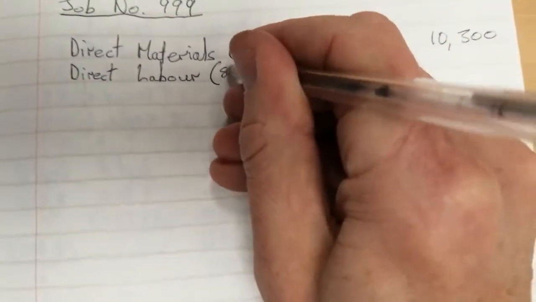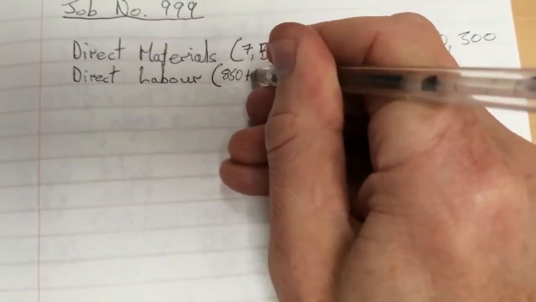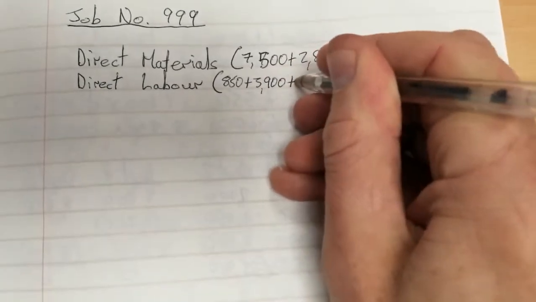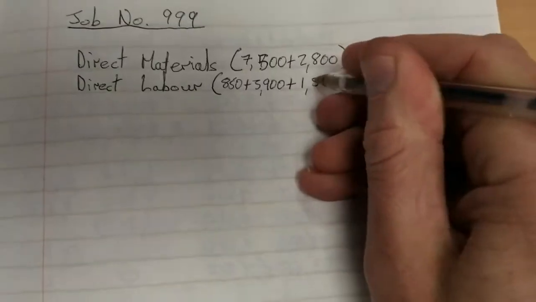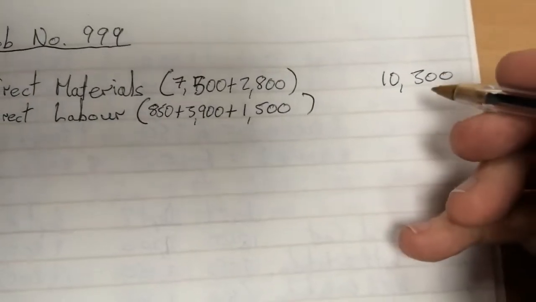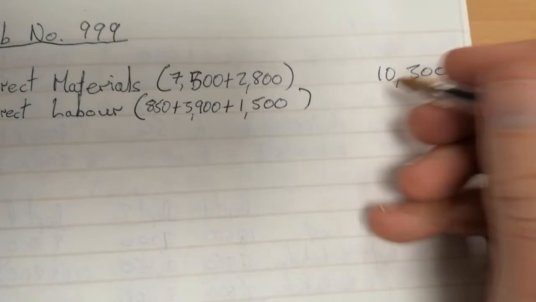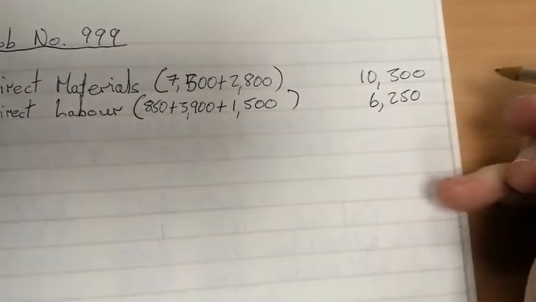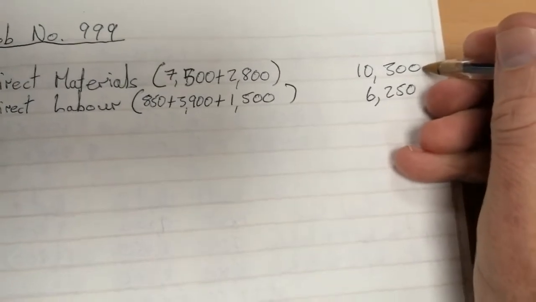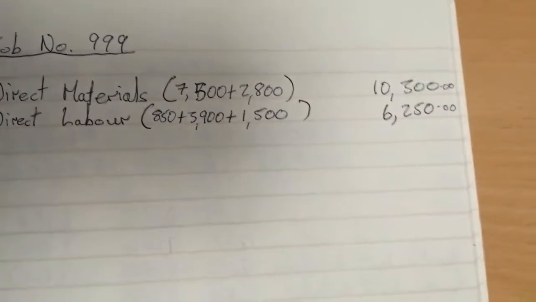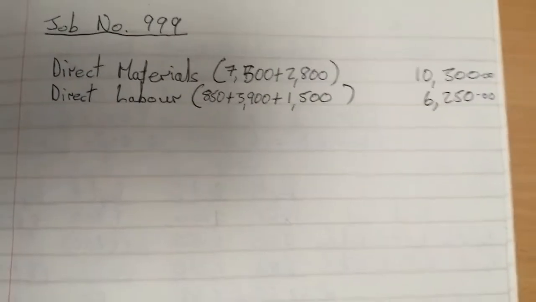So it was 850 euros, plus 3,900, plus 1,500. If we add the three of them together, we get 6,250. I'll leave a bit of space, because we are going to get into the decimals later on in this question, so I'll just put two decimal places for cent over there.